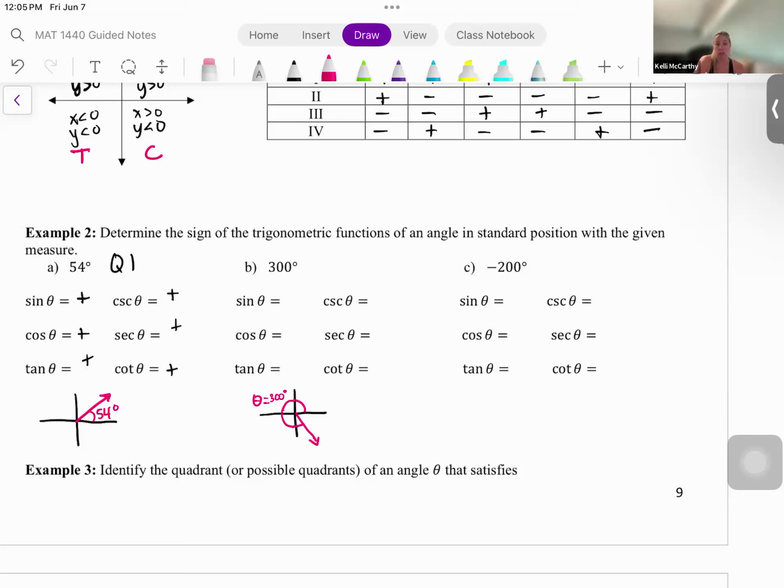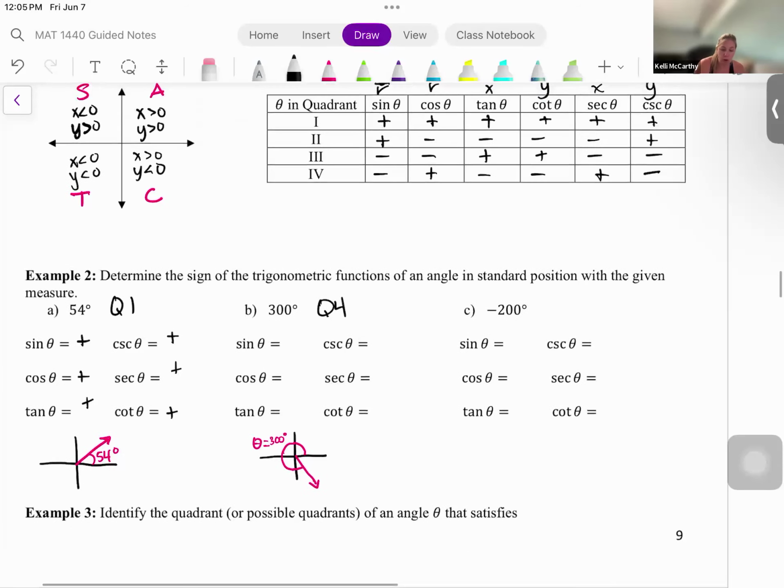So an angle of 300 degrees has its terminating side in quadrant 4. In quadrant 4, only cosine is positive. So cosine is going to be positive, and then its reciprocal secant is going to be positive. The rest are going to be negative.